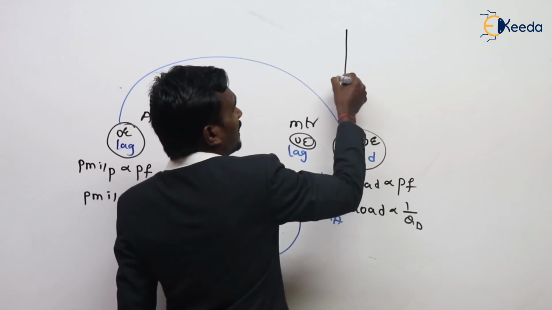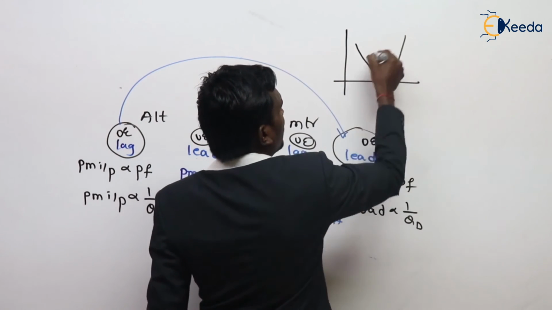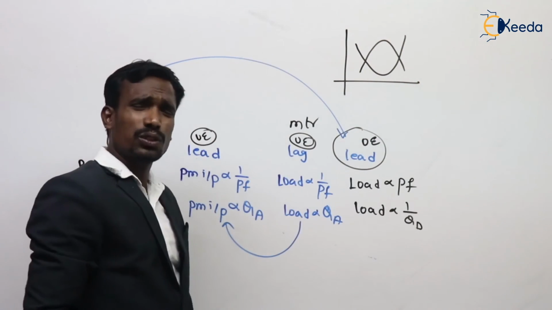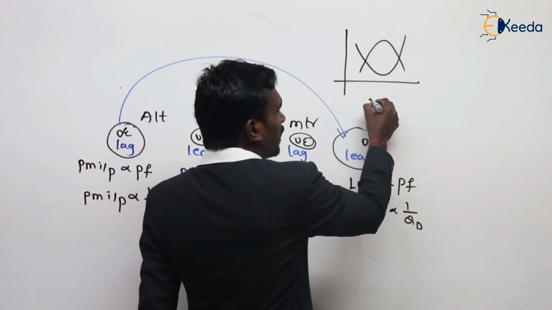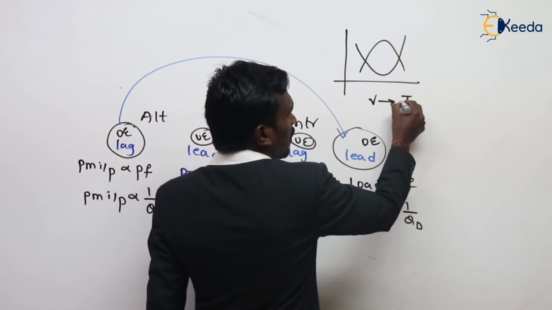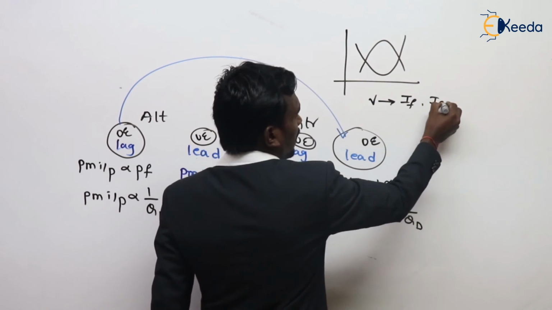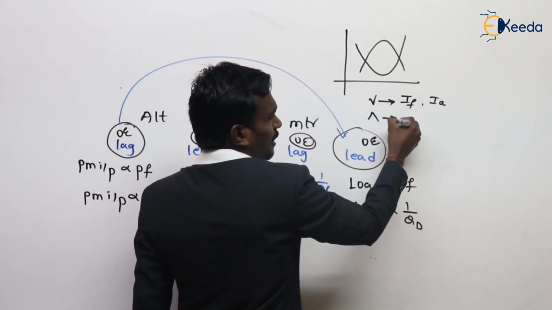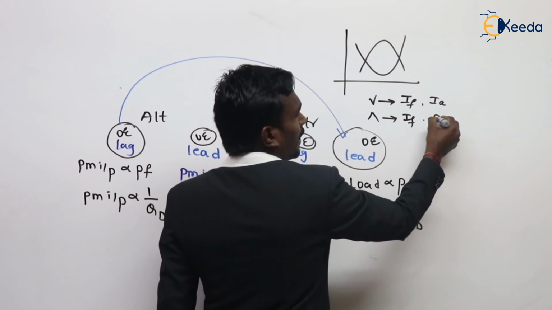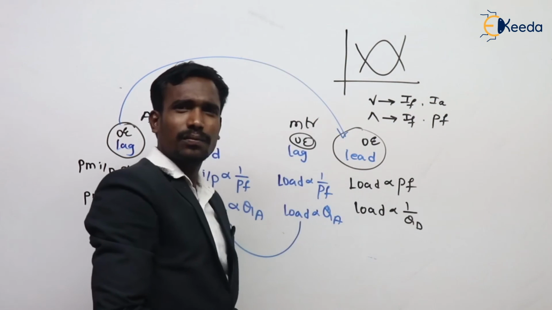In effect of excitation also, just V curves and inverted V curves, they will ask you a question on that. The V curves are drawn between field current and armature current. Inverted V curves are drawn between field current and power factor.